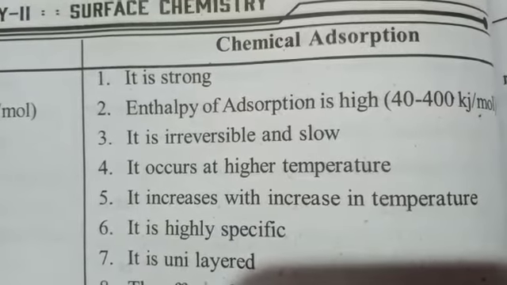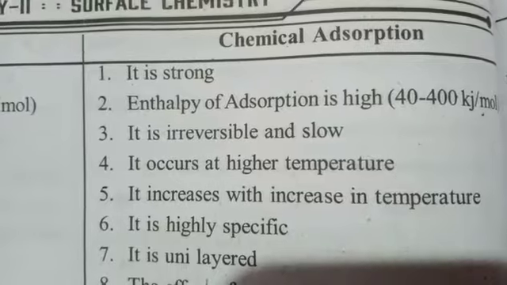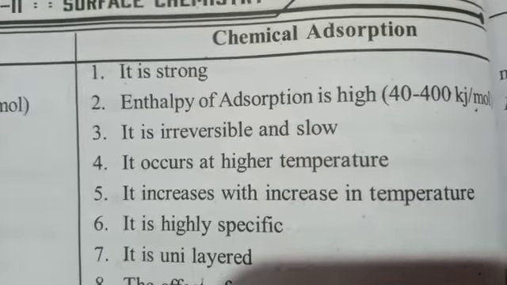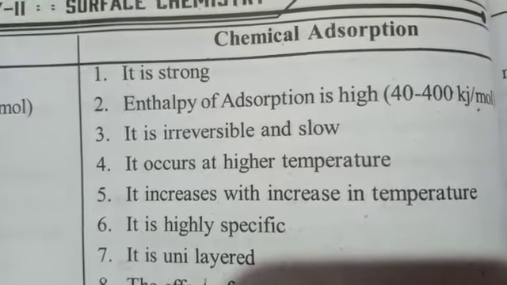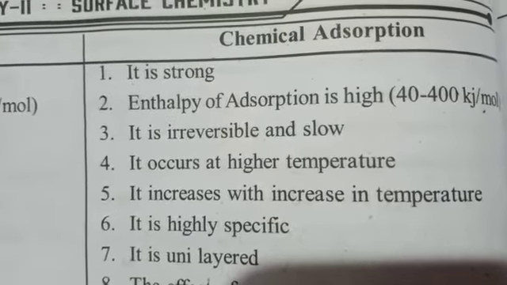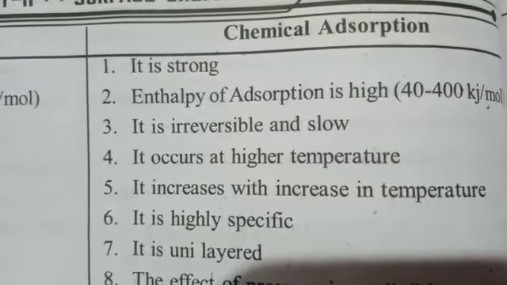Because between the adsorbate and the adsorbent they are going to form strong chemical bonds. So because of the formation of strong chemical bonds, the chemical adsorption is strong in nature.